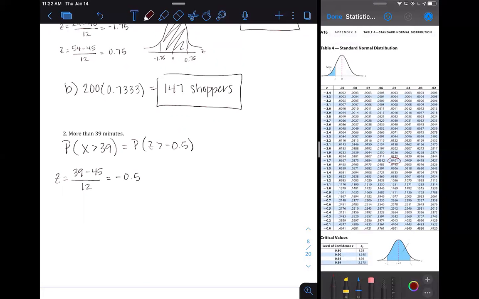Sketch your graph. So if it's greater than, we're looking to the right. And when we're finding the area to the right, what do we need to do? 1 minus what we find from the table.